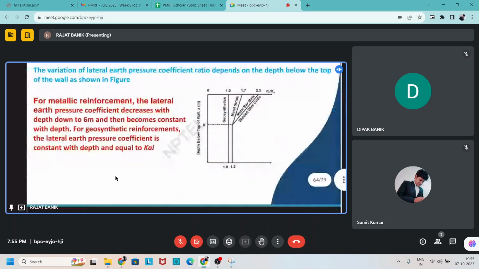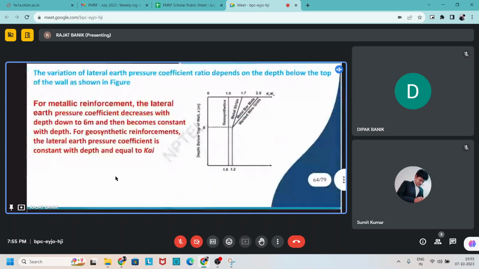So the batter and lateral earth pressure coefficient ratio depends on the depth below the top of the wall as shown in the figure. This figure shows the variation of the earth pressure coefficient with depth, and you see that at the top the coefficient is more, and at the bottom it is reduced to 1 or sometimes 1.5.